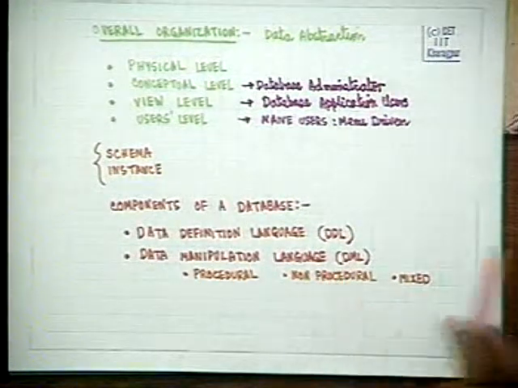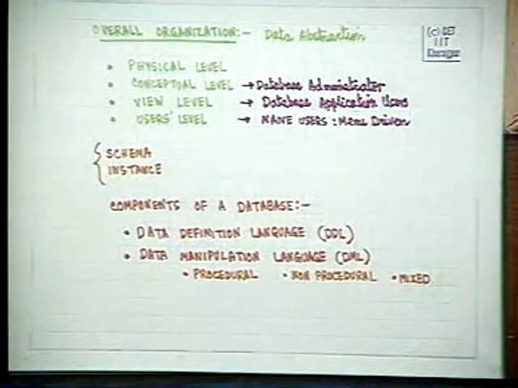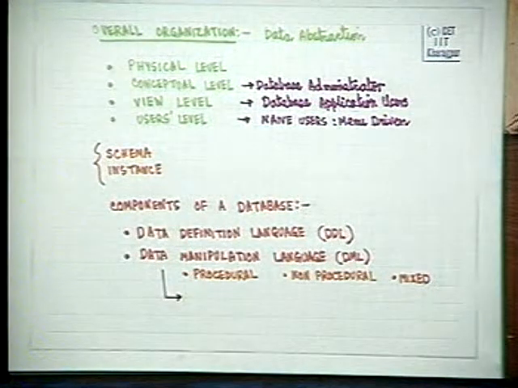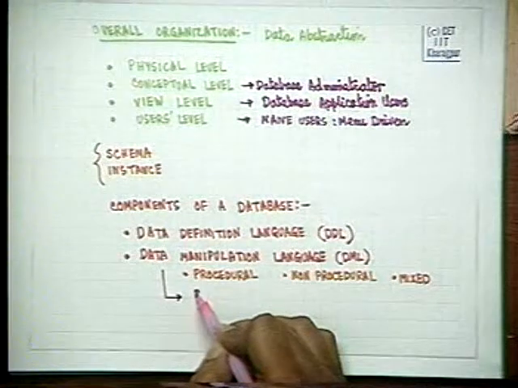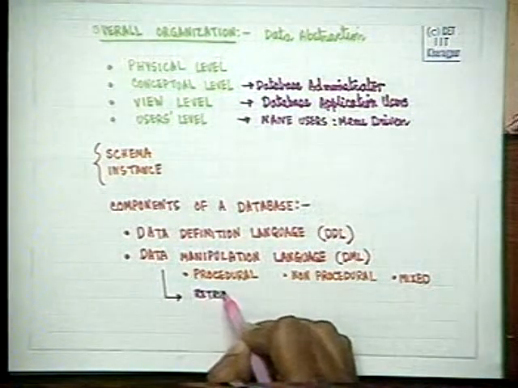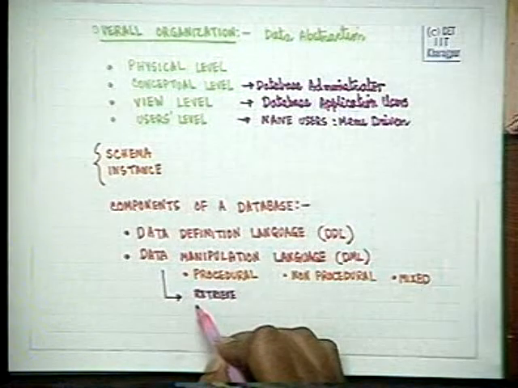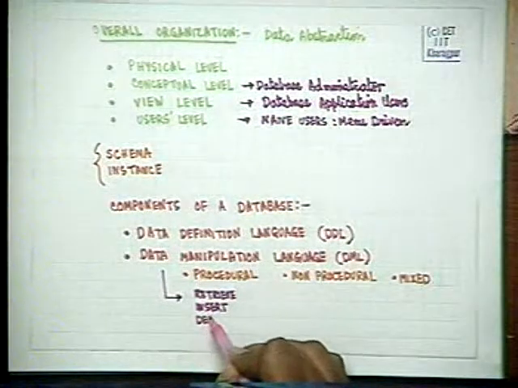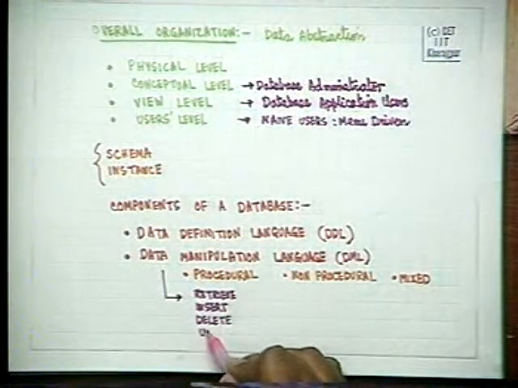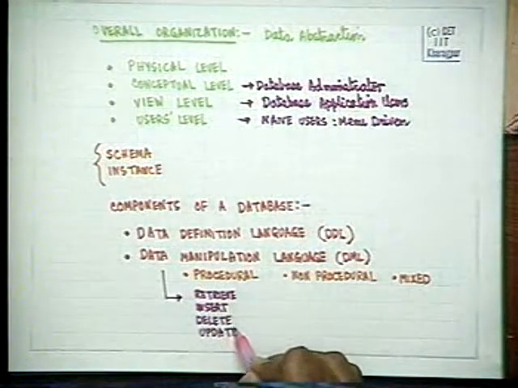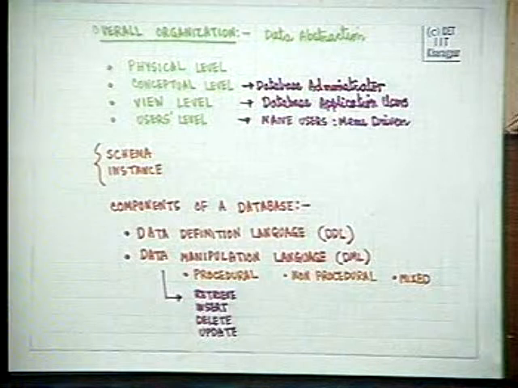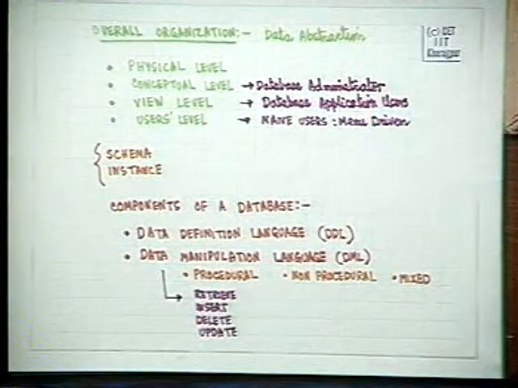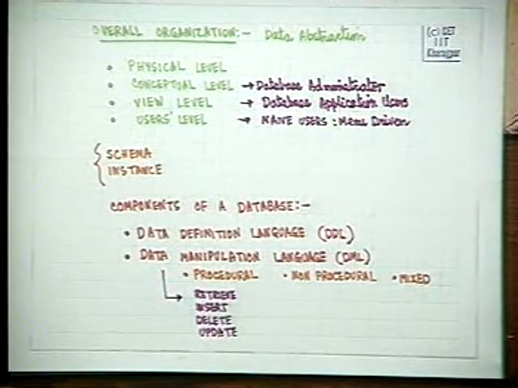The basic job of a data manipulation language, the 4 or 5 simplest operations are retrieve, insert, delete, update. These are just the operations that will go on. It will either retrieve some information, it will maybe insert new information, delete or update.